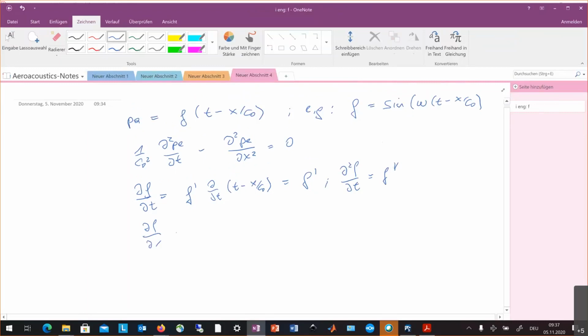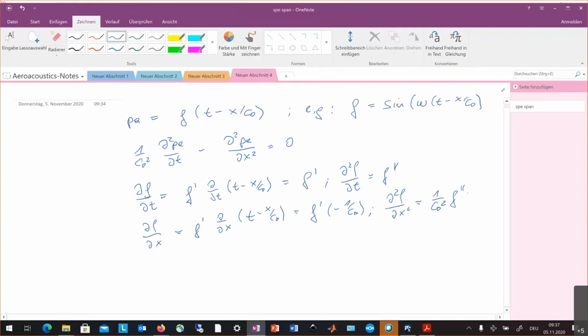Now this is again f prime, and then the inner derivative with respect to x, so t minus x over c0. And now you see it is f prime, but it is by minus 1 over c0. So when we take now the second derivative, you see it is 1 over c0 squared f double prime.